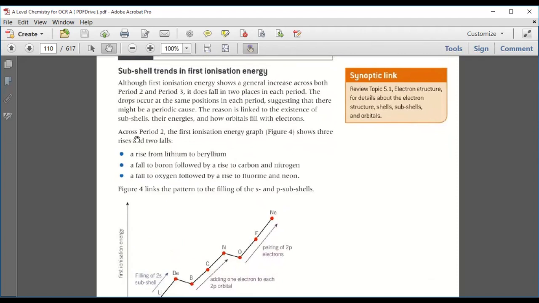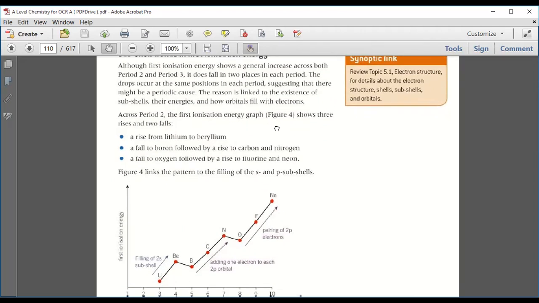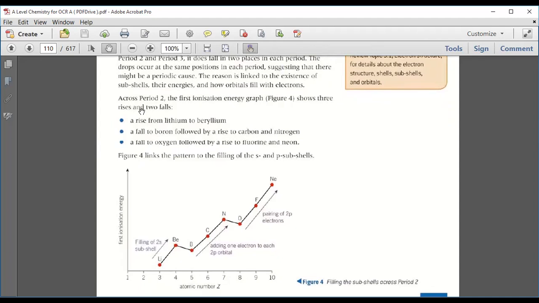Now across period 2, the first ionization energy graph, figure 4, shows 3 rises and 2 falls: 1, 2, 3 rise, 1 and 2 fall. Now rise from lithium to beryllium. Lithium to beryllium is a common rise because 1 electron, 2 electrons are added.